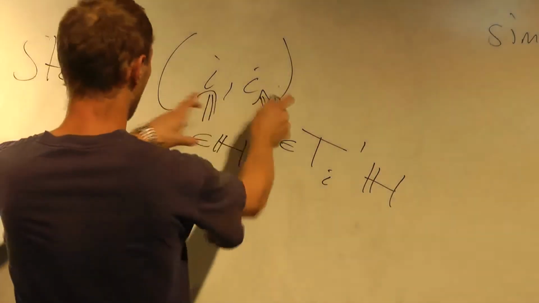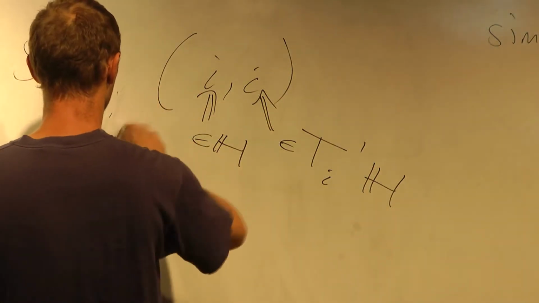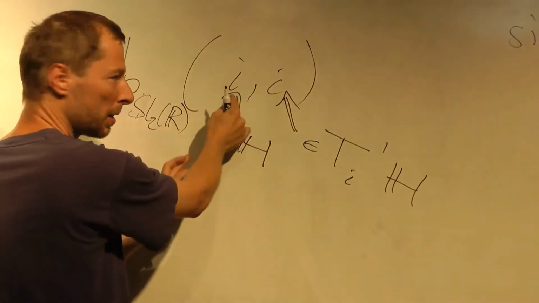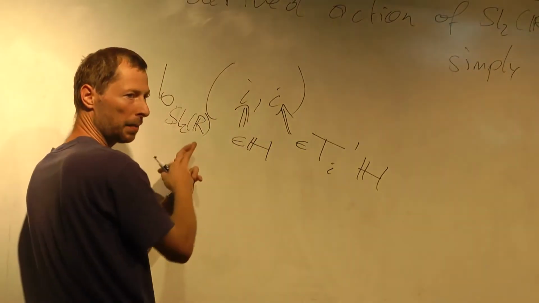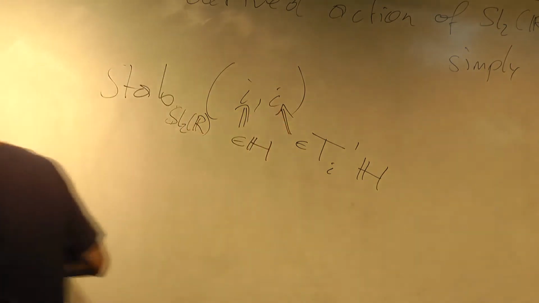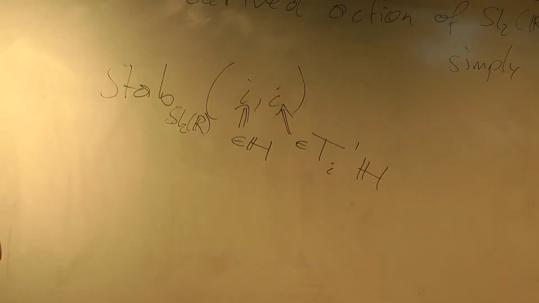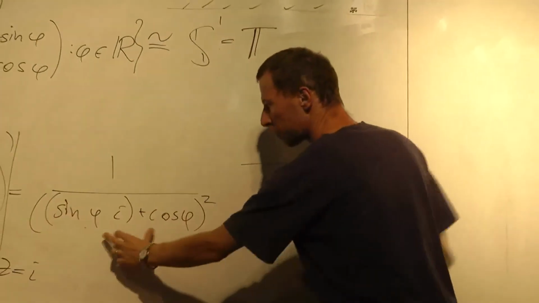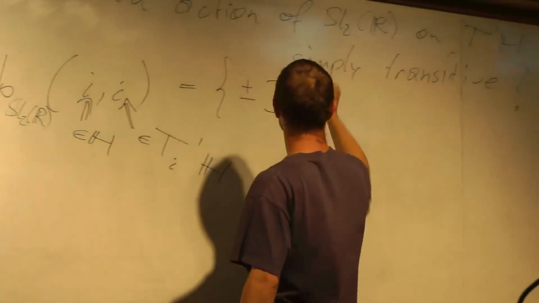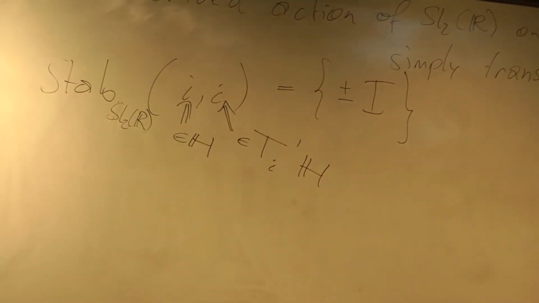What's the stabilizer of (i, i) inside SL2R? Well, to stabilize i, you need to stabilize the base point, which means you need to be in K. And to stabilize the direction, you need to know that this here is equal to 1. And this here is equal to 1 if the expression without the square is equal to plus or minus 1, which tells us that the stabilizer of (i, i) is plus minus the identity. So it's again not simply transitive.